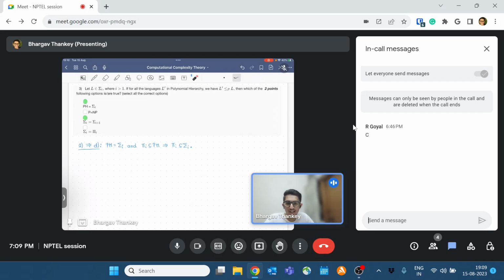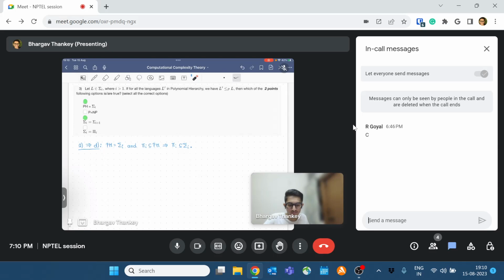Is the meaning of PH collapse to the ith level clear now? Yes, it's clear. So we have PH equals Sigma I. Since PH is equal to Sigma I, it means PH collapses at the there exists level.